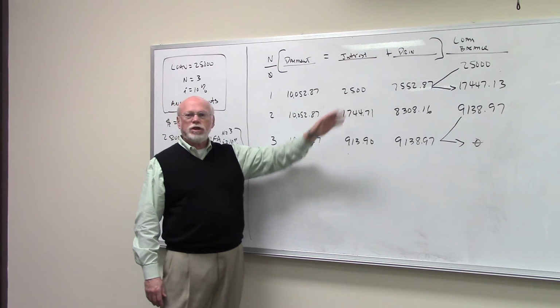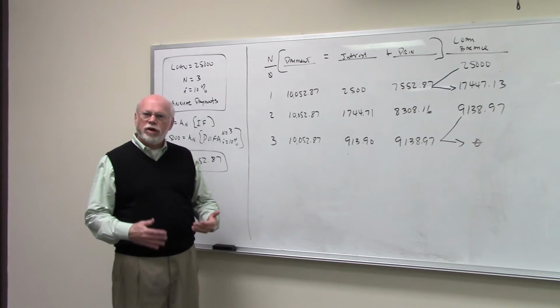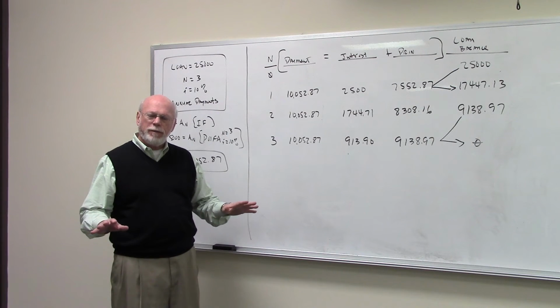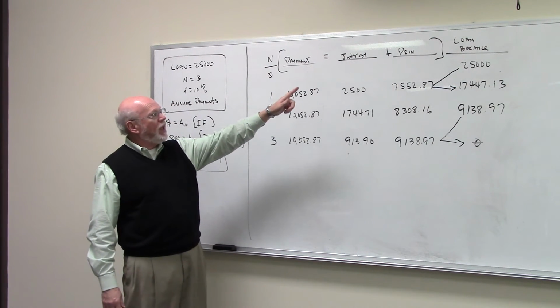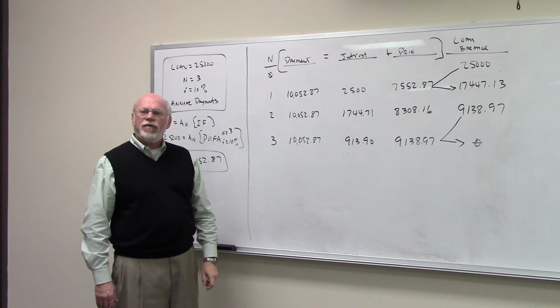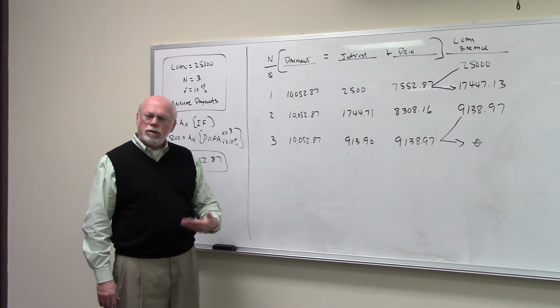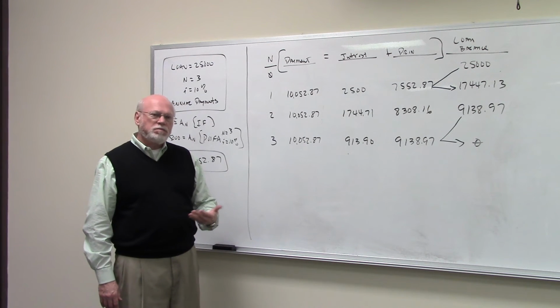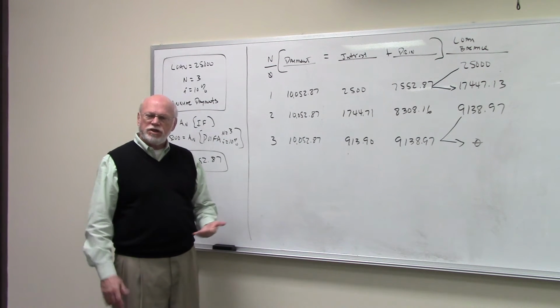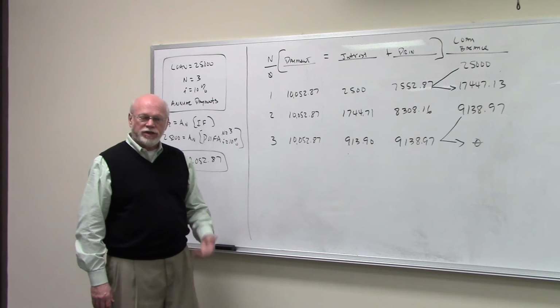The interest and the principal, that's what we're trying to do in this process: separate the payment between interest and principal repayment. What you see in the brackets here, this little formula, is how we go about separating out the interest and the principal. It's a simple little formula, but this is how we do this.